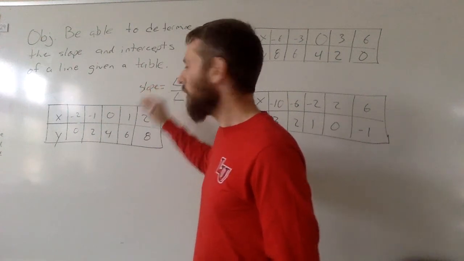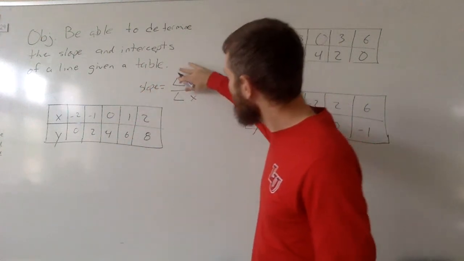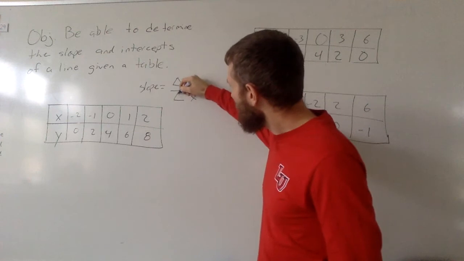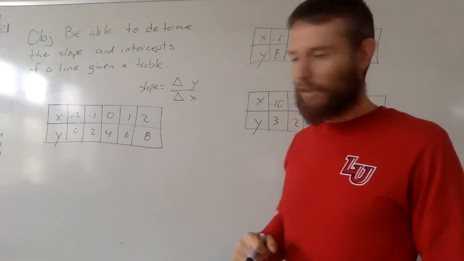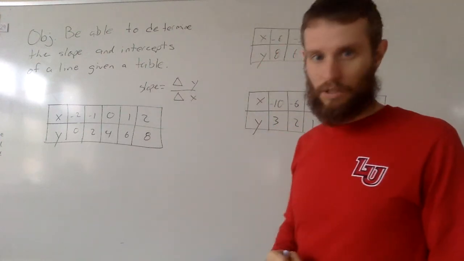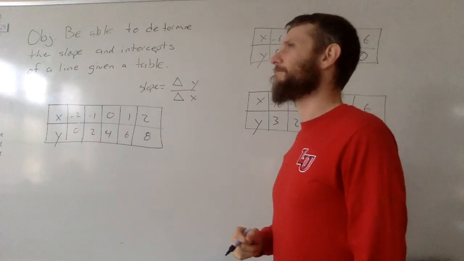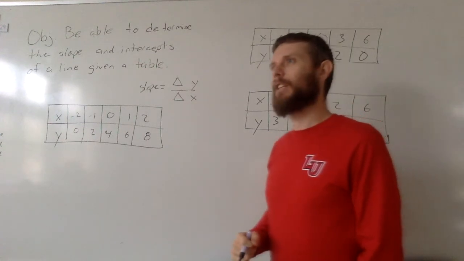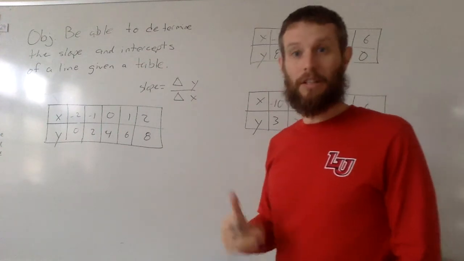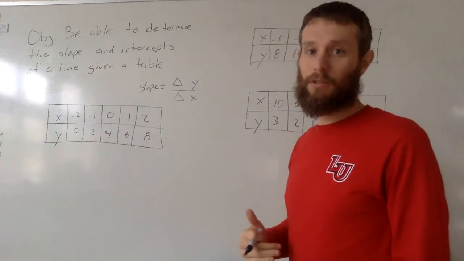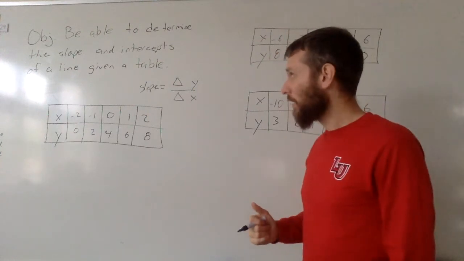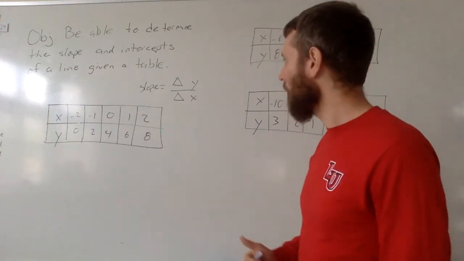For those of you who like to be fancy, this triangle symbol is the Greek symbol delta, and it stands for change. You might also hear it as the difference of y over the difference of x. Okay, this is rise over run.